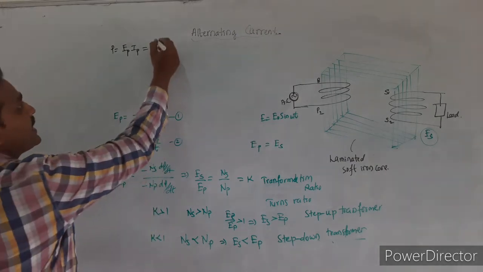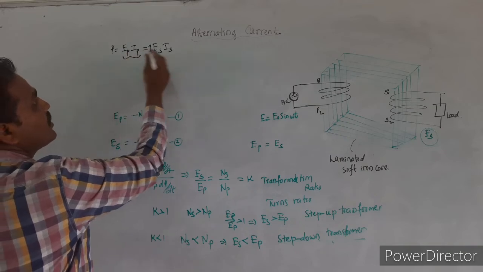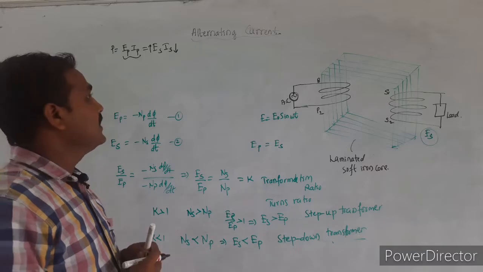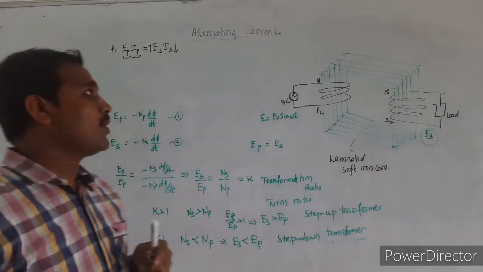So when the secondary coil EMF increases, to keep the power constant, the current proportionally decreases.